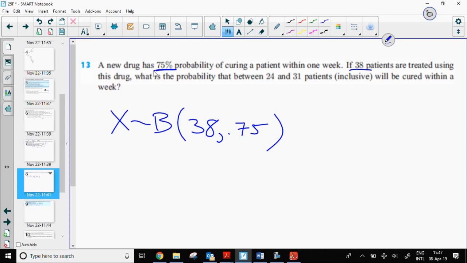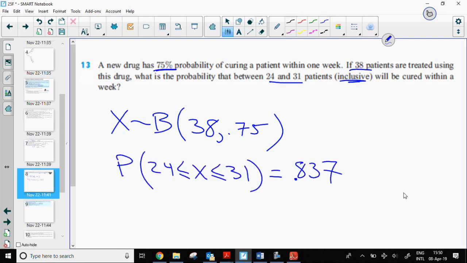And we want to know the probability that between 24 and 31 patients, inclusive, will be cured. So that means we're going to do CDF, and our lower bound is going to be 24, and our upper bound is going to be 31. And then you get your answer. As you can see, this is very easy once you know what you're doing with your technology.